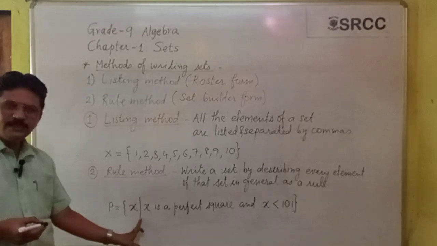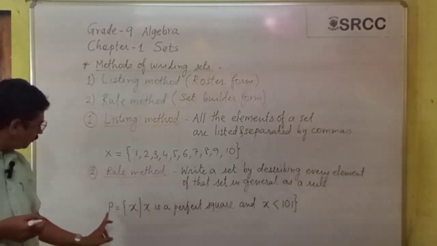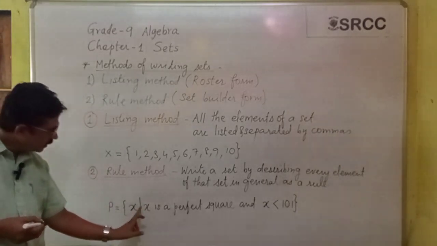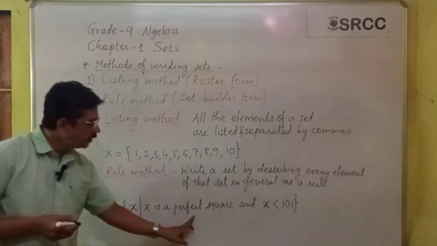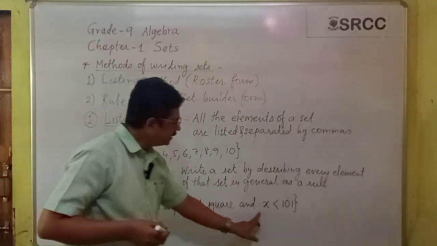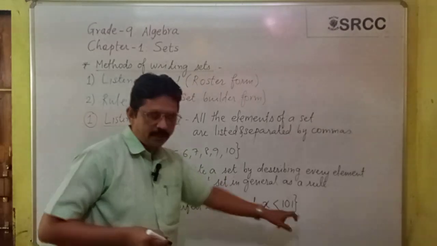This vertical line means such that, so P is the set of all x such that x is a perfect square and x is less than 101.